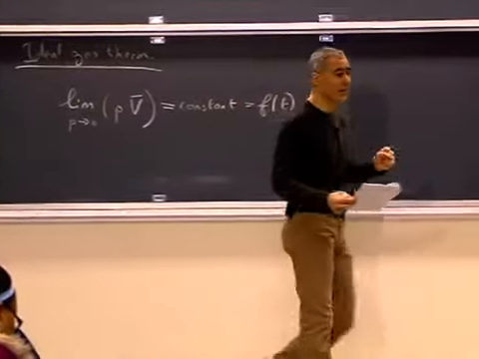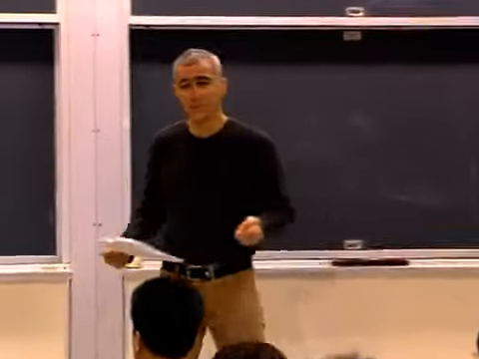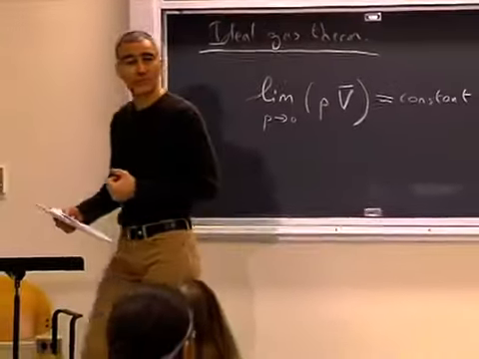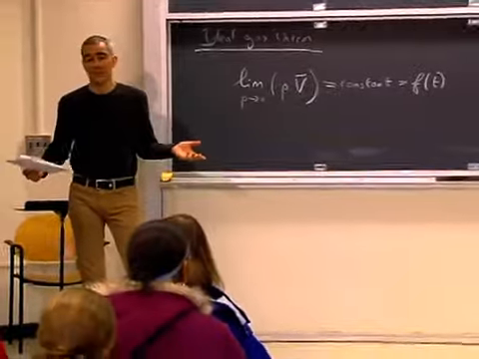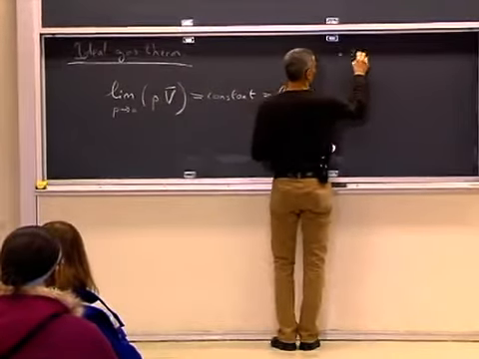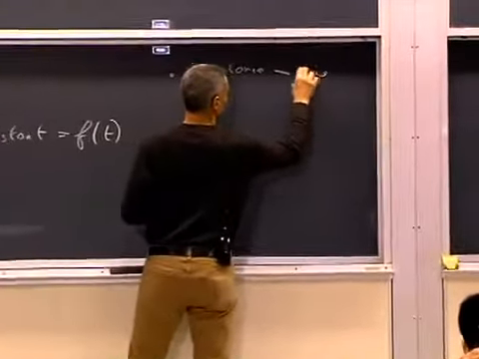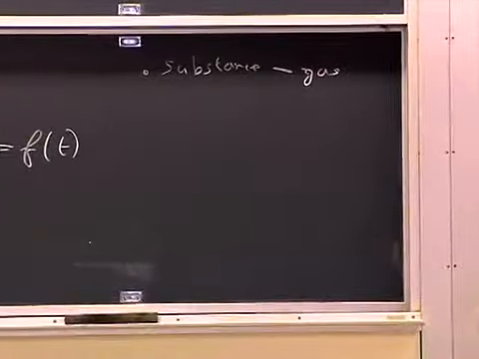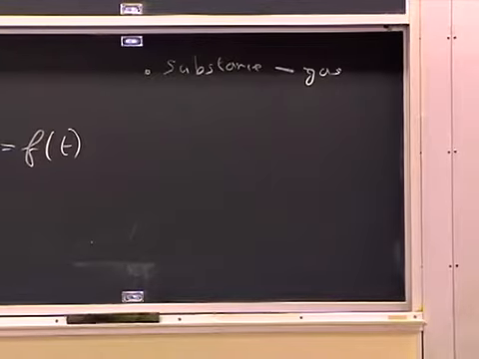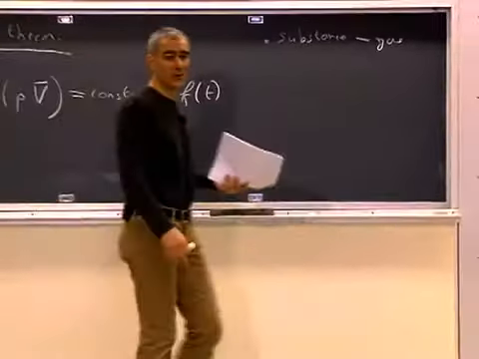All right, so now we have the makings of a good thermometer and a good temperature scale. We have a substance. The substance could be any gas. That's pretty straightforward. Now we have a property. It's not the volume of mercury or the color of something which changes with temperature or the resistivity.